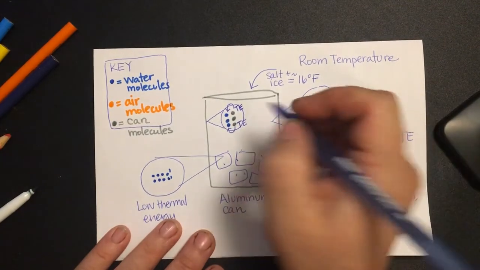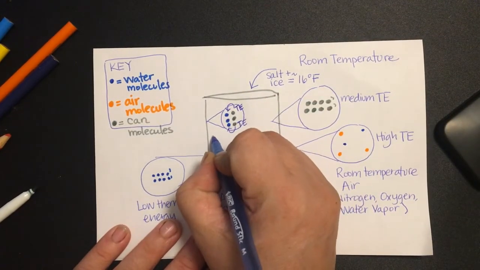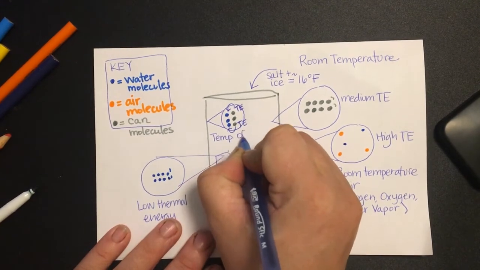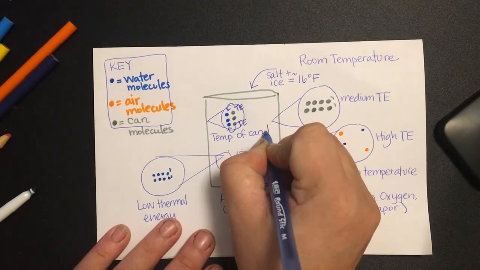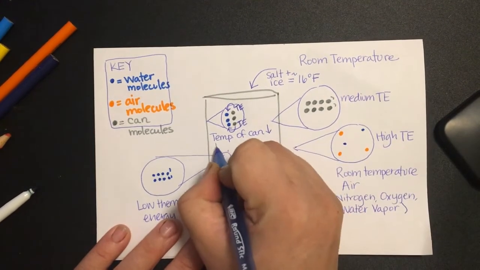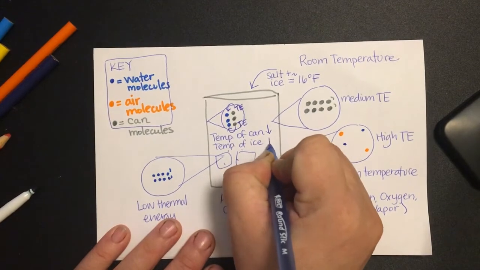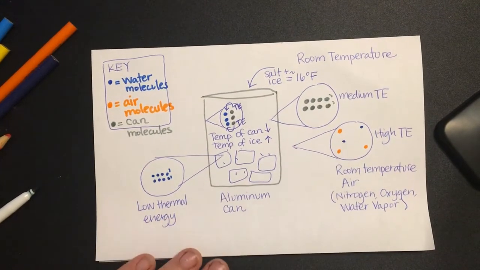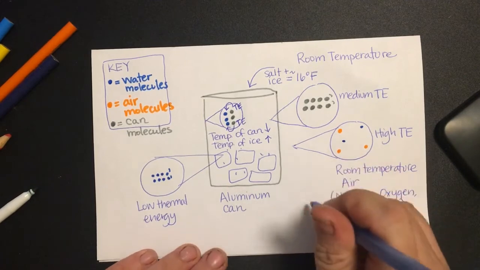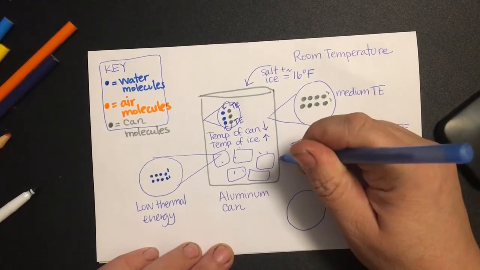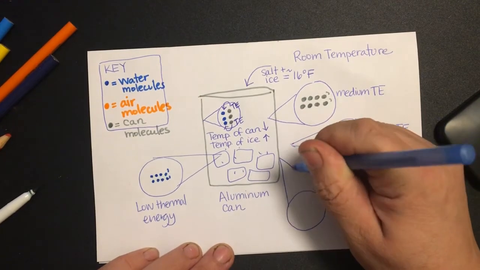This results in the temperature of the can going down and the temperature of the ice going up. The ice would therefore begin to melt when it is in contact with the aluminum can. And if you've ever held an aluminum can that has ice in it, you know that the aluminum can is going to feel cold, really fast. In fact, it can get so cold, it can even burn your skin.